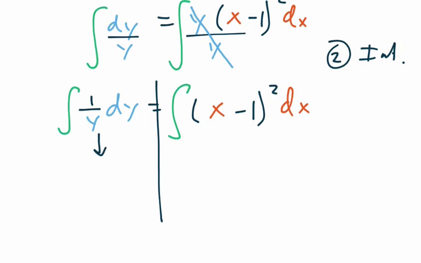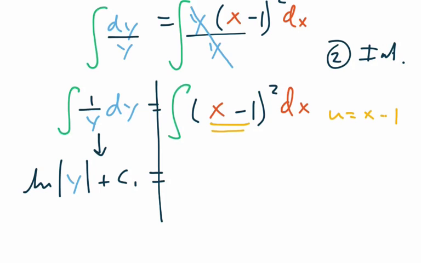So the integral of 1 over y dy, you've got to think about that, but it ends up being the natural log of the absolute value of y plus, and I'm just going to write c1. And then on the other side, we do have a little bit of a u-sub here. This u would be x minus 1, but because the du is just 1, there's no doctoring or counterbalancing.